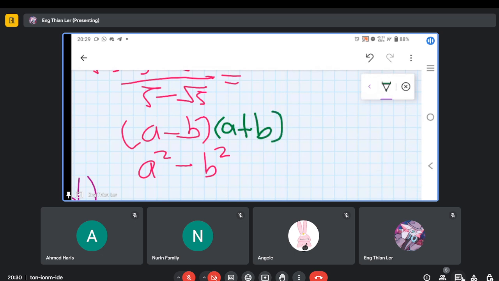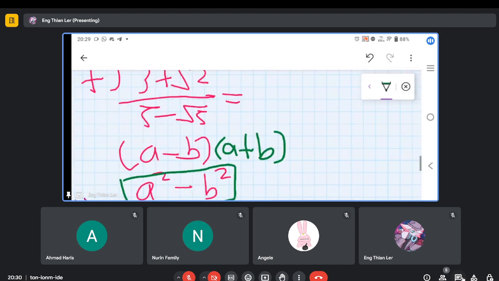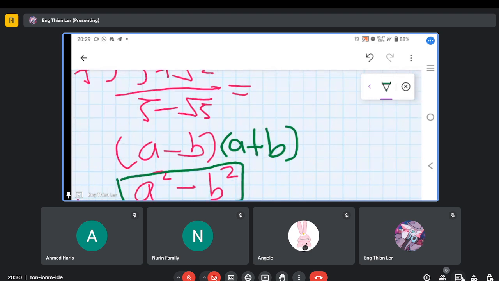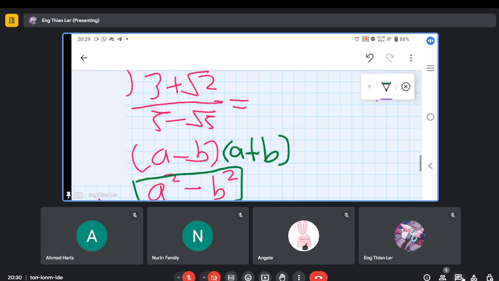Because when we do this, we will end up with this result, and this will cancel out the root, because the square will cancel the root, and we will get a whole number at the denominator. So let's do it.